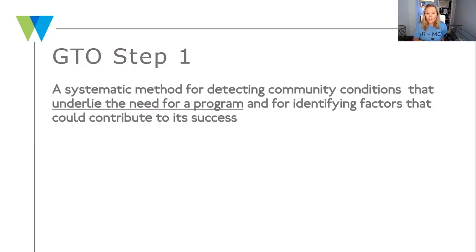So what are the needs that underlie a program? This is different from asking the question of, are there other services available to help this need? We're focused here on the problem, and the problem that we're trying to fix is the quality of life amongst elders. So it's all about the people you're serving. This is a service-oriented question. What are the needs of the people you're trying to serve?